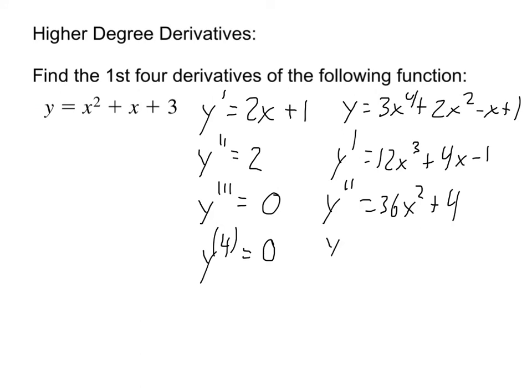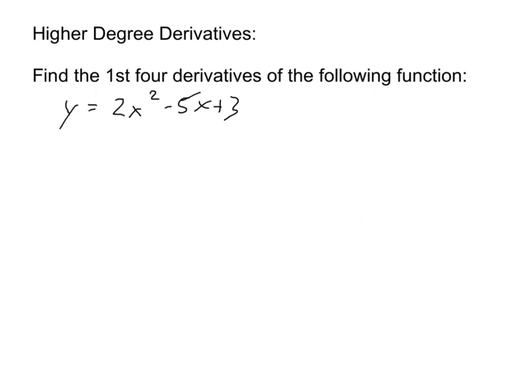The third derivative equals 36 times 2 is 72, x, 4 goes away, it's constant. The fourth derivative equals 72. So there's one that doesn't just go to zeros faster, so I just wanted to throw that in. I want you to try, so give this one a shot, hit pause, go.